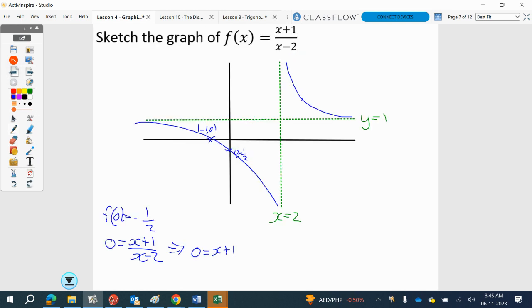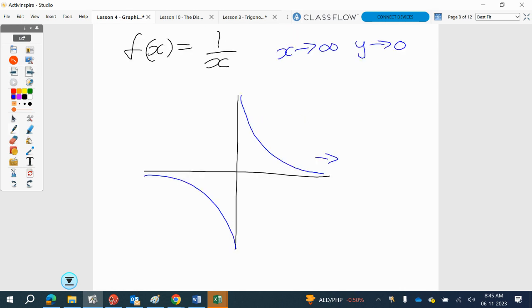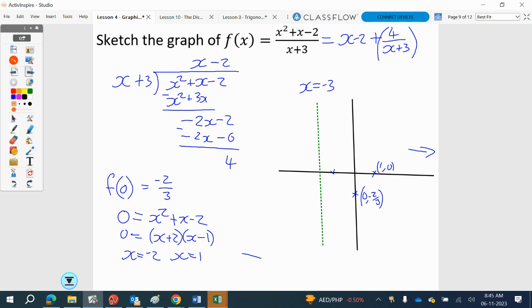So this graph basically looks the same. It's still pretty much a 1 over x type thing. 1 over x and 4 over x plus 3, they're the same. The end behavior as we go to infinity is still going to be 0.